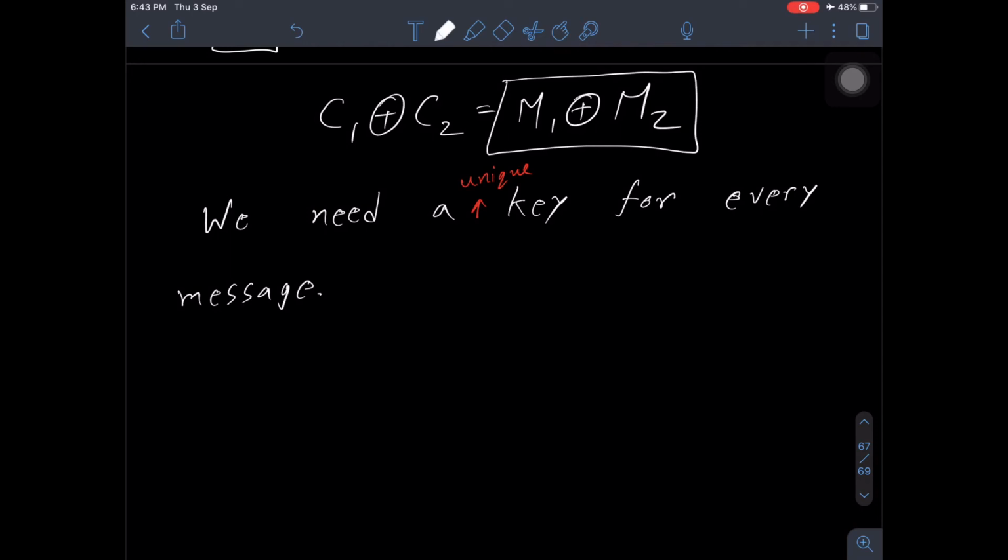So the solution to that is that we will distribute the key via a quantum channel.